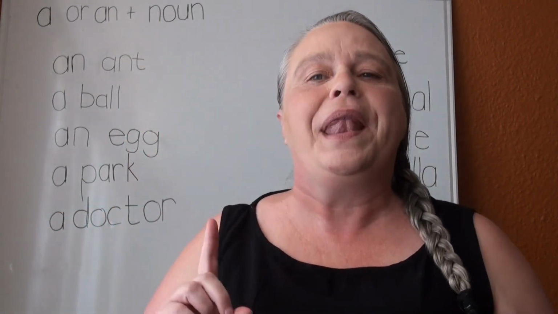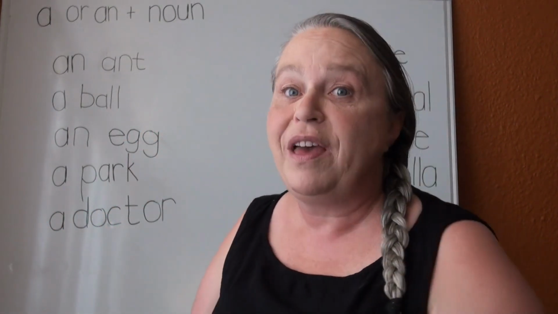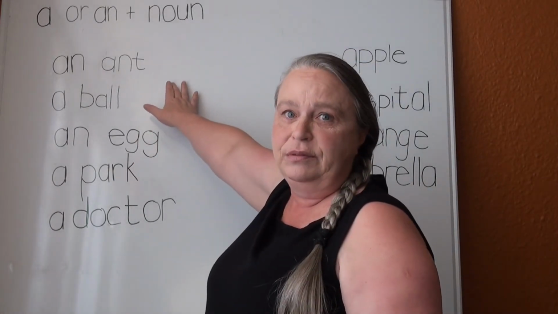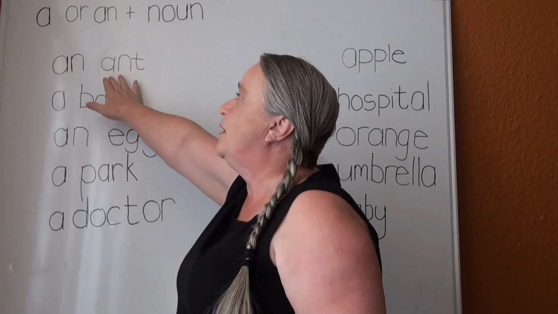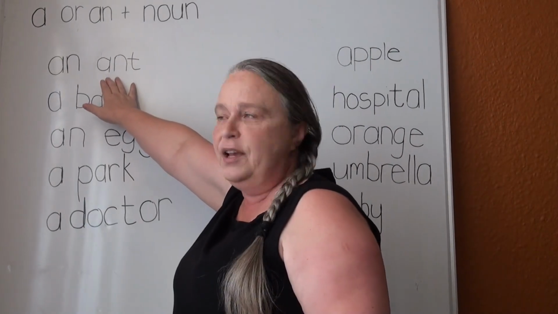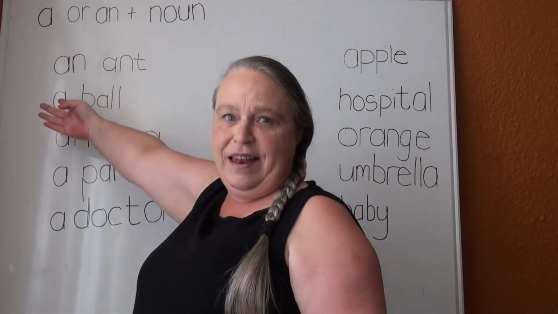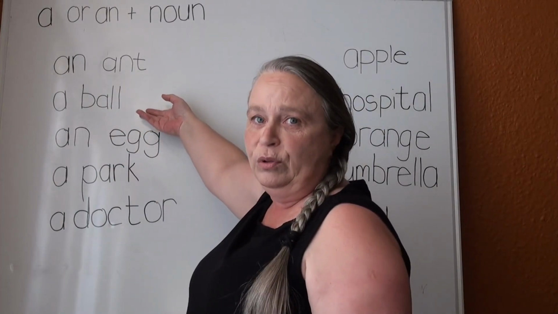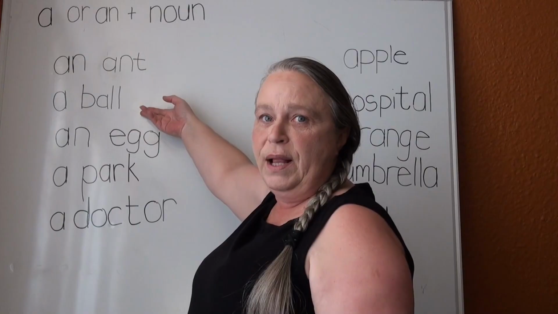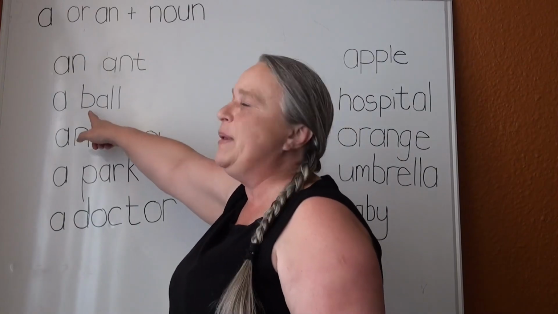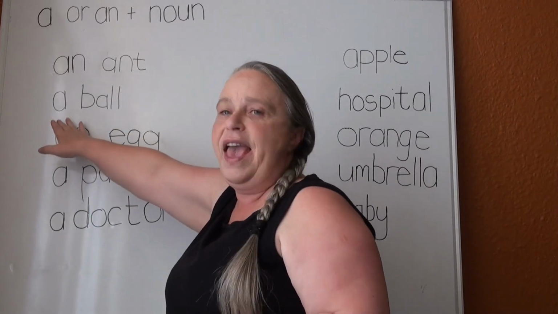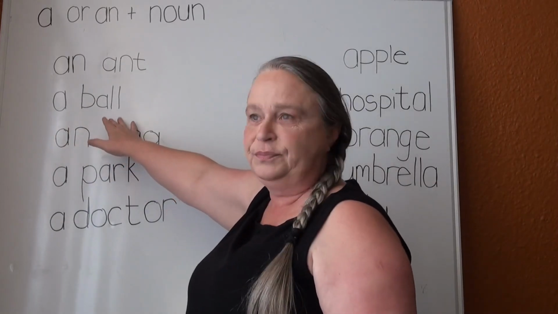Anytime your noun starts with a vowel, like ant is an animal, so ant starts with the vowel A, we use an ant. The second one we have is ball. Ball starts with B, which is a consonant, so we just use a ball.